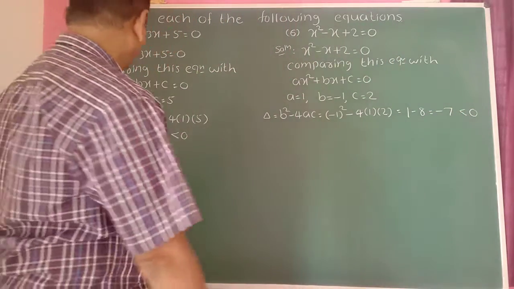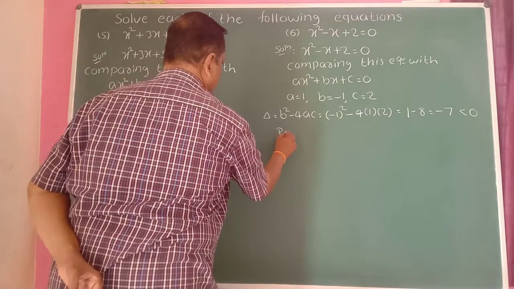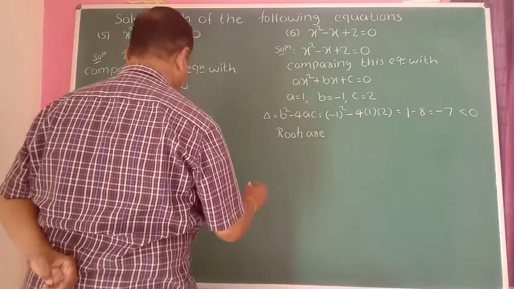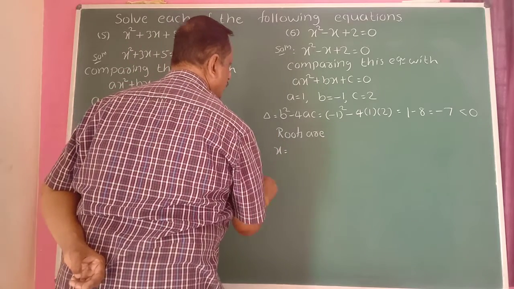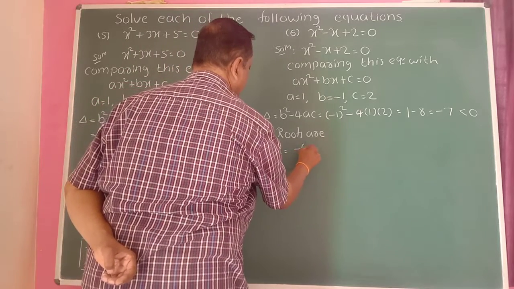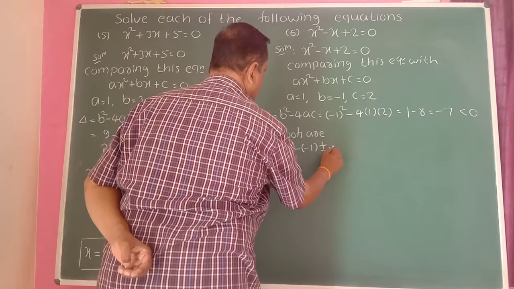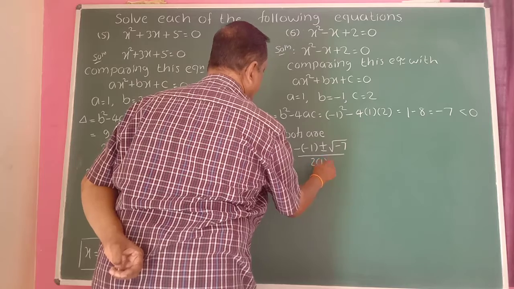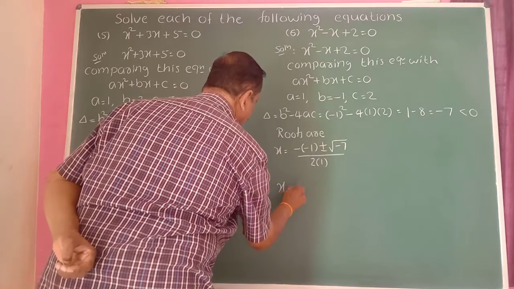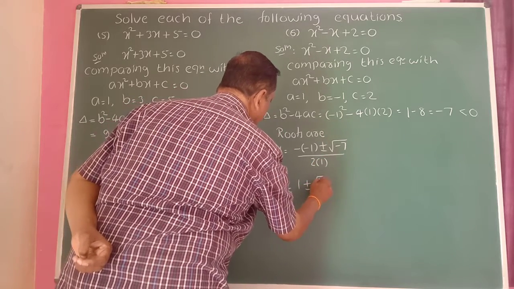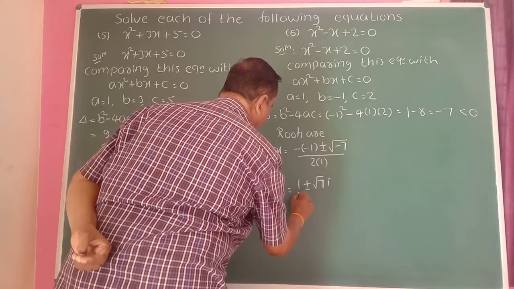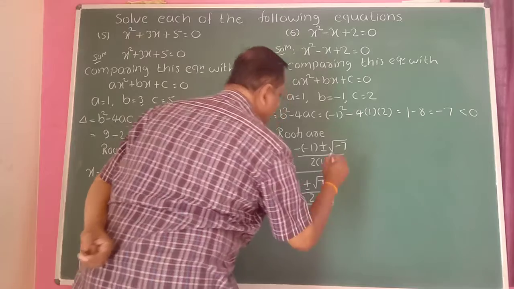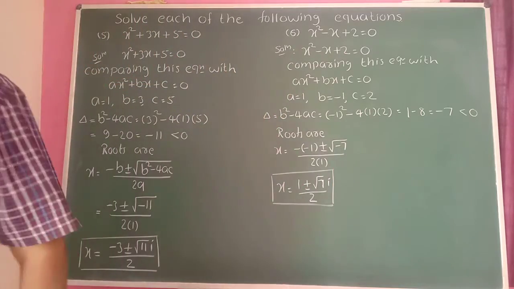Hence, roots are x is equal to minus of minus 1 plus or minus the root of minus 7 divided by 2 into 1. Therefore, x is equal to 1 plus or minus root 7 into i divided by 2. So these are the roots of the given equation.